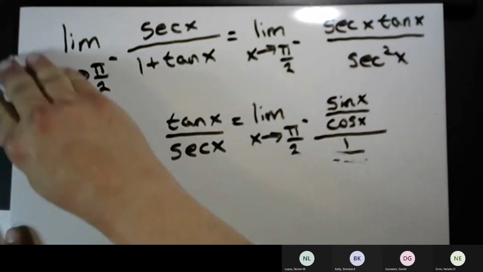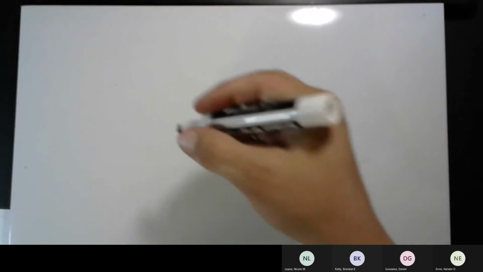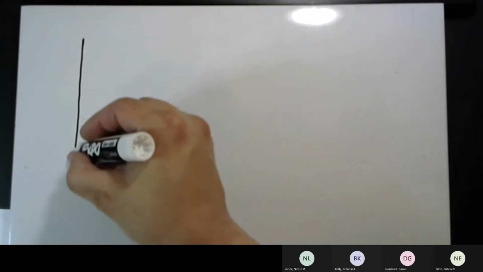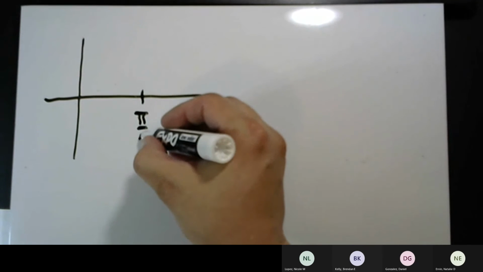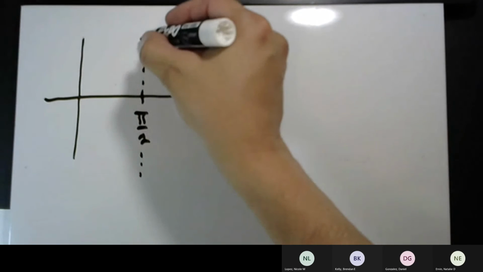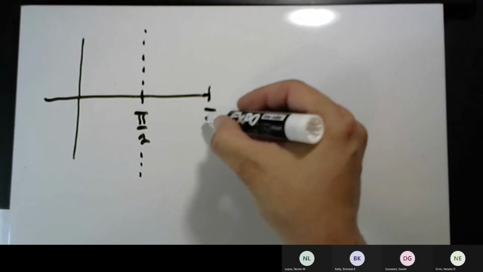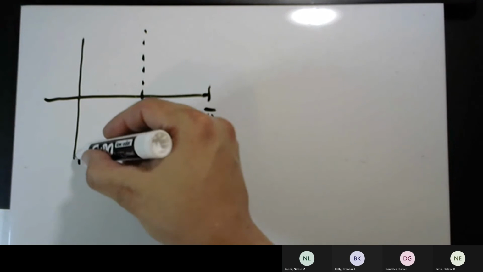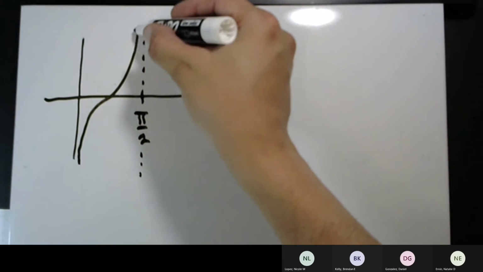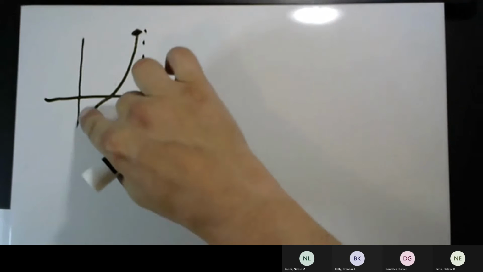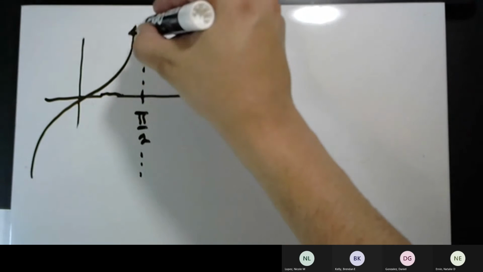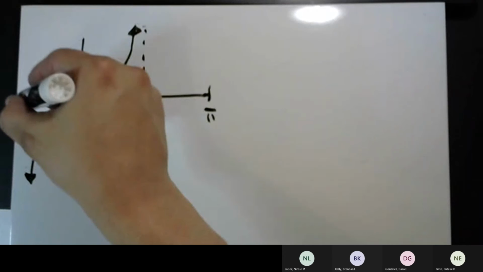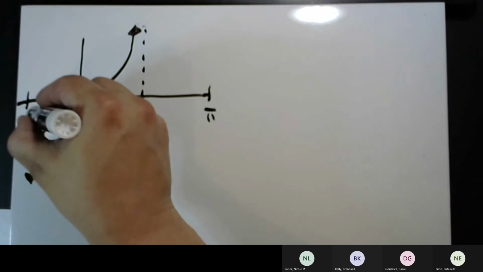So to kind of just bring everyone back up to speed, let's take a look at those graphs again. Take a look at tangent. Tangent is going to do something like this. It has a period of pi.